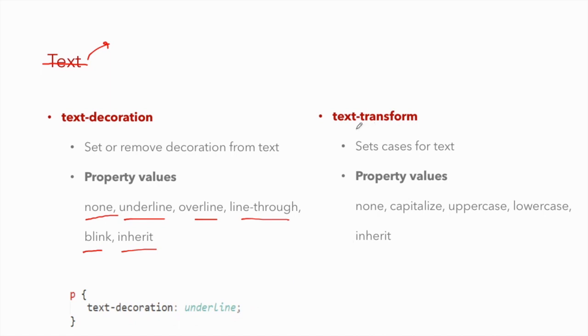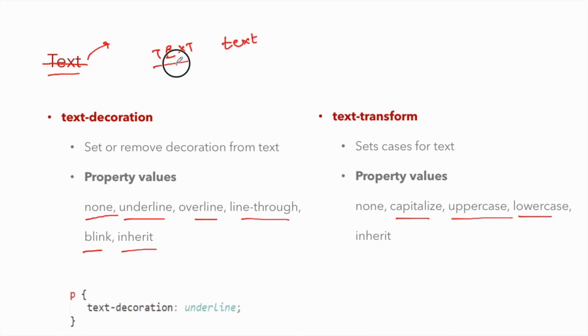Then we have text transform. It sets cases for the text, and the values are capitalized, uppercase, lowercase. Whatever text you have, let's say you have this as the text and you set uppercase, then all characters will be displayed in capitals. If you set lowercase, all characters will be displayed in lowercase.